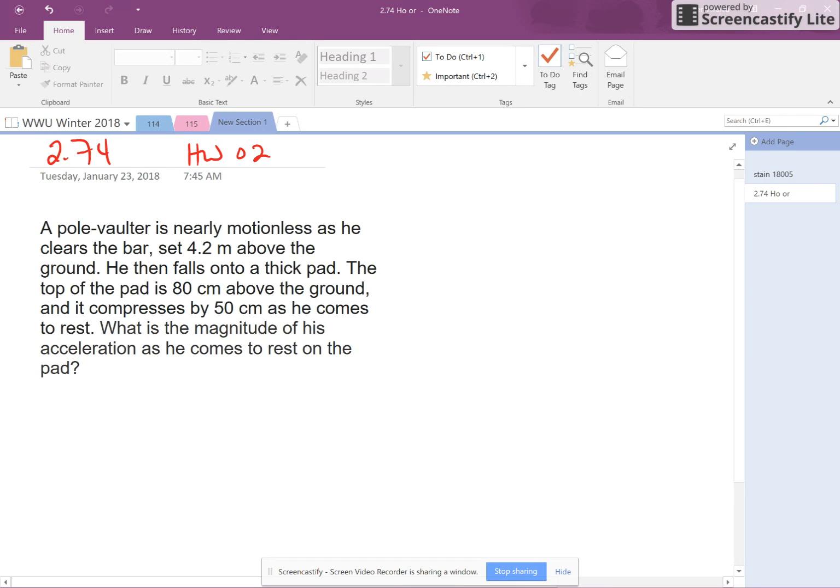If we're drawing a picture, we're talking about a pole vaulter going over his obstacle. The problem tells you he's up here at an initial height of 4.2 meters. Down at the bottom, you have his landing, and the pad top is at 0.8 meters above the ground.